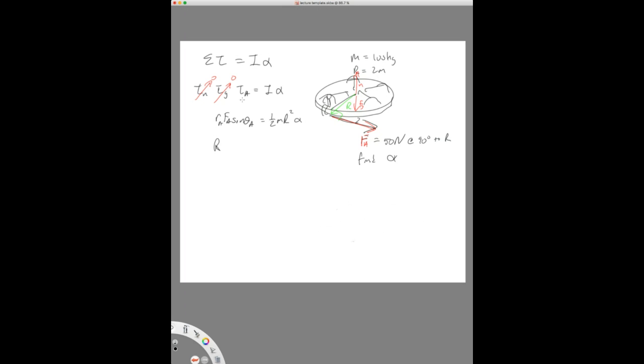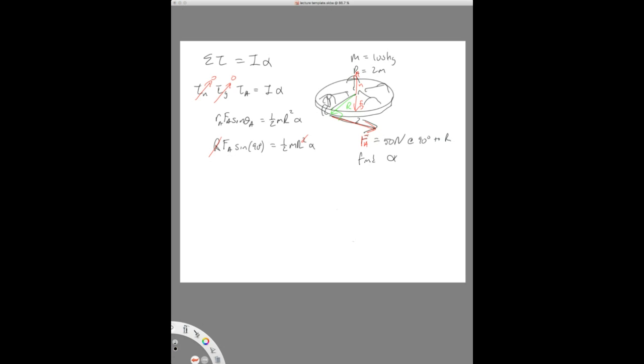That's the R for the torque formula, because that's where we apply the force. We hold on to the edge of the merry-go-round. So we have R times F applied sine of 90 degrees equals 1/2 mr squared alpha. You can see one of those R's cancels out.